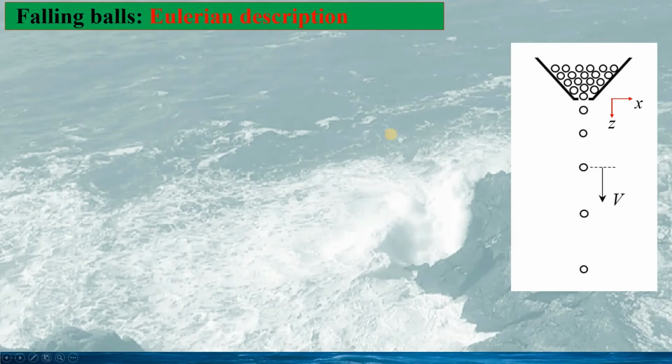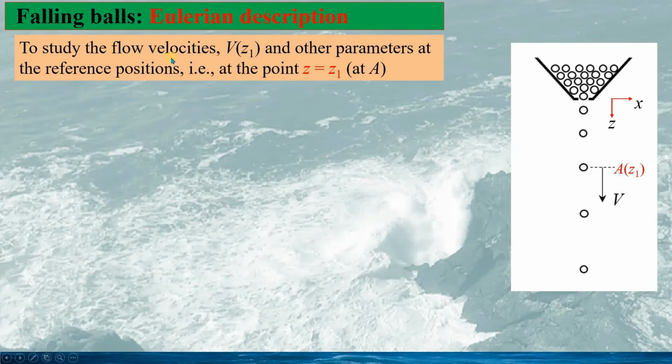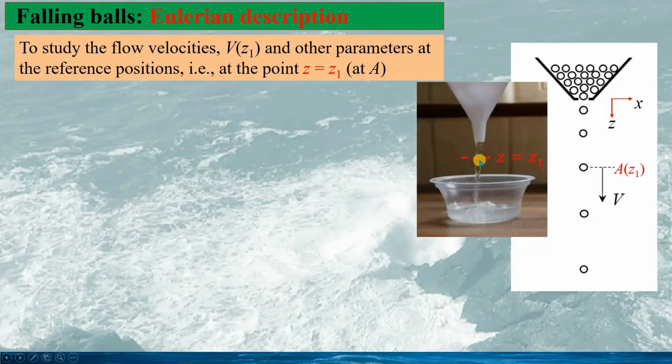Now we look at the same problem in the Eulerian representation. Here we study the velocity Vz1 at the reference point, say z equaling z1 at point A. So this is very similar to the falling water through the funnel if we examine the water velocity at z equaling z1.